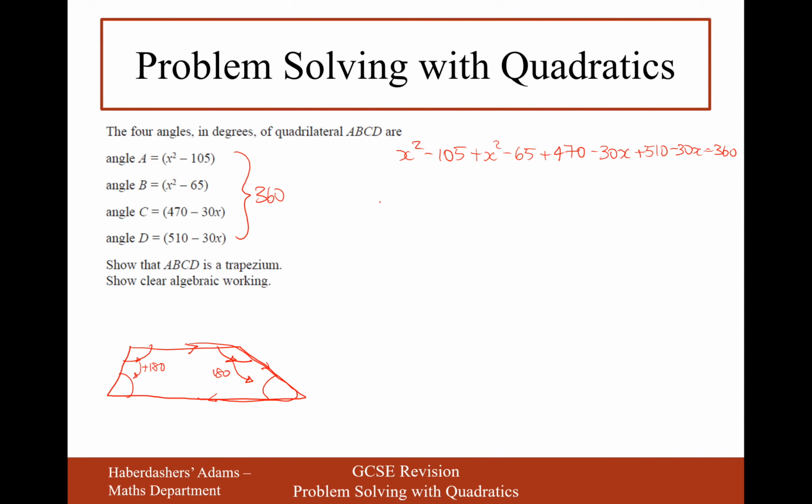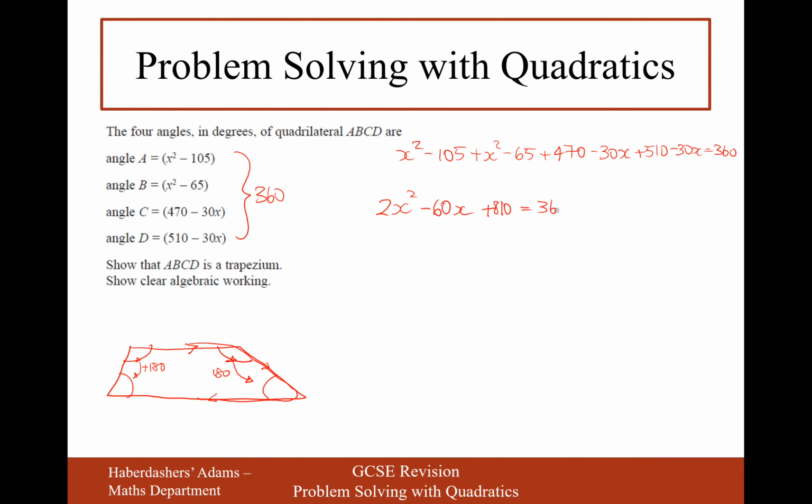It's quite a lot, so it's going to be 2x squared. Let's look at the x terms. That's going to be minus 30 and minus 30, so that would be minus 60. The numbers are going to be minus 105 plus 470 minus 65, I missed that one out, plus 510, that's going to equal 810.